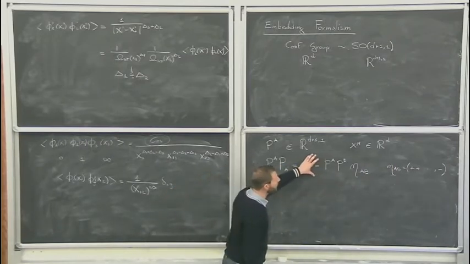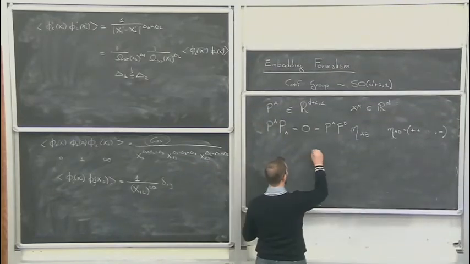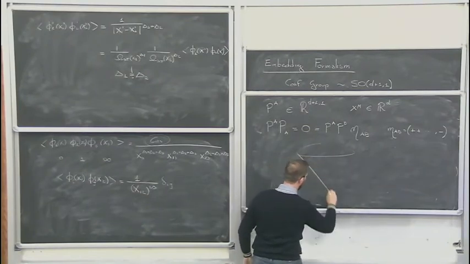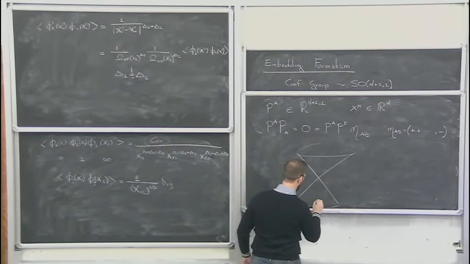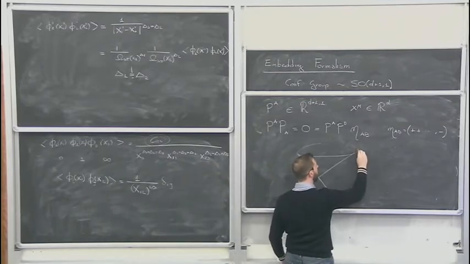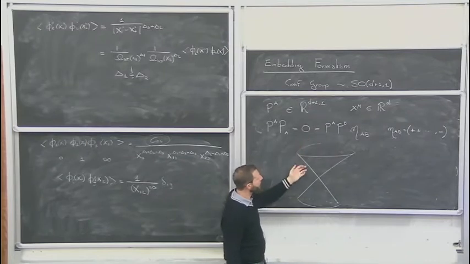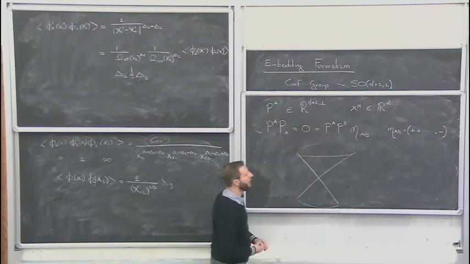So this condition identifies a hyperboloid that I will try to draw now. Okay, so this is a hyperboloid, P squared equal to 0. Of course, this is a codimension 1 manifold, so it's not enough to perform our identification, still too large.